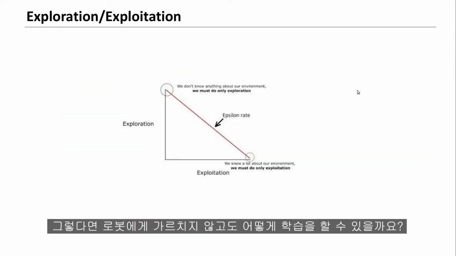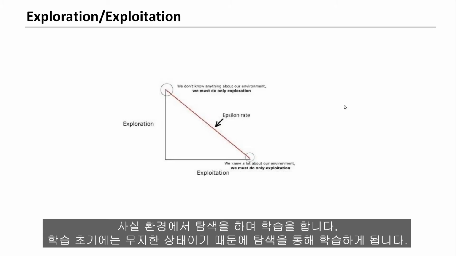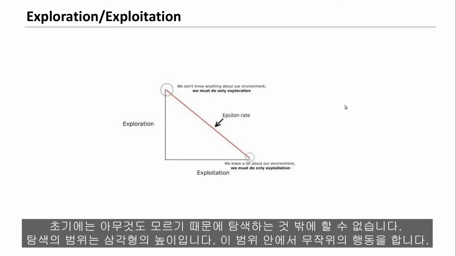But how does the robot learn how to play if you're not teaching him anything? Actually, he learns by exploring in the environment. At the beginning of training, he doesn't know anything, so he should explore a lot. So as we don't know anything, we just do exploration. So our exploration rate is really high.